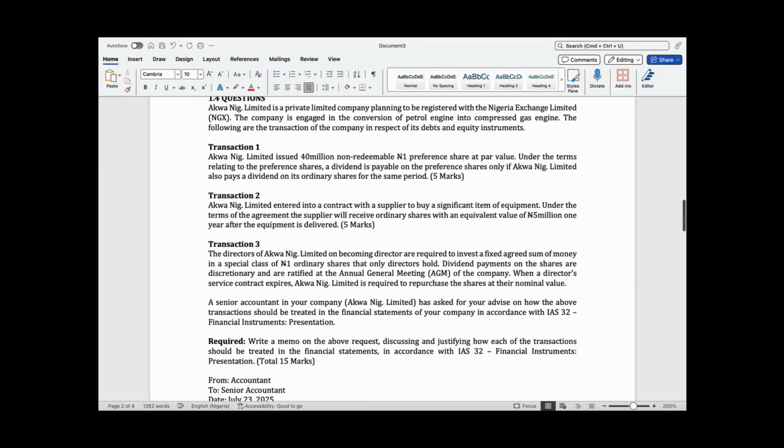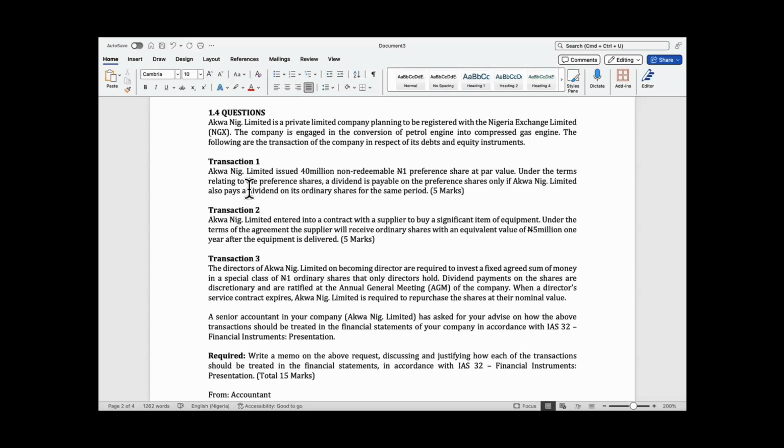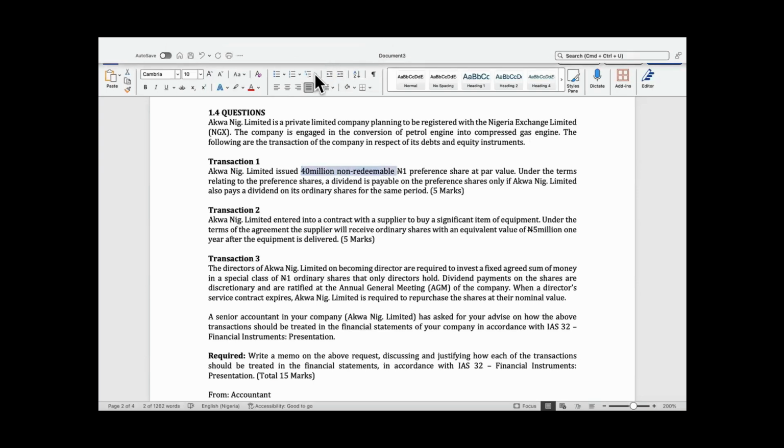Okay, so let's pick these transactions one by one and see the treatments. The first one says Aqua Nigeria Limited issued 40 million non-redeemable 1 naira preference shares at par value. Under the terms relating to the preference shares, a dividend is payable on the preference shares only if Aqua Nigeria Limited also pays a dividend on its ordinary shares for the same period.